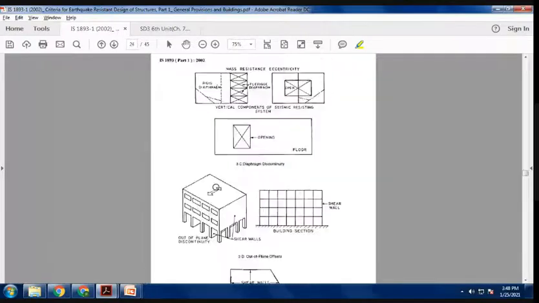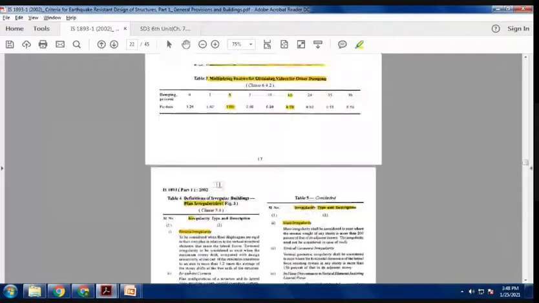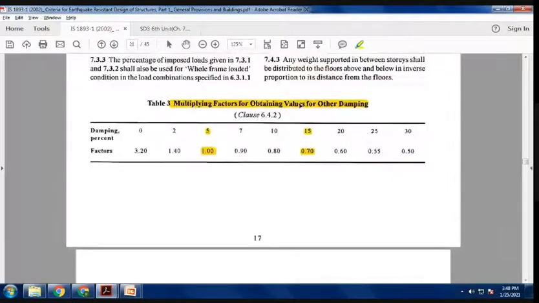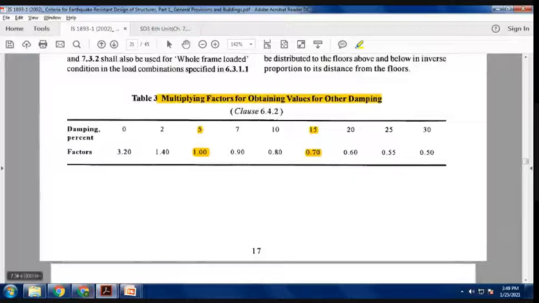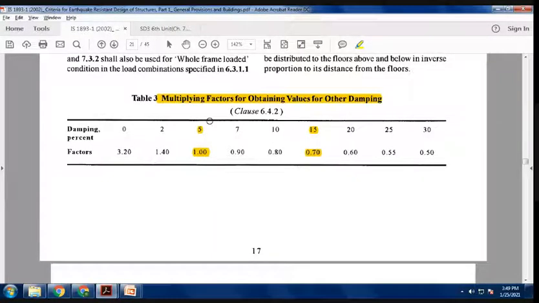Each and everything is present in the codebook. It is not necessary to remember each and everything. See here, suppose the building is damped for 5%. It is nearly 1, so we will not consider this one. Say it is damped for 7% and its factor is 0.9.